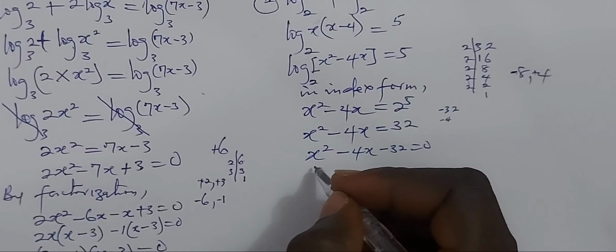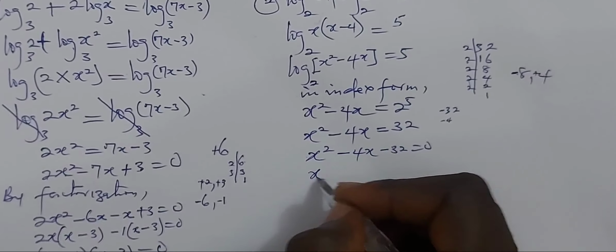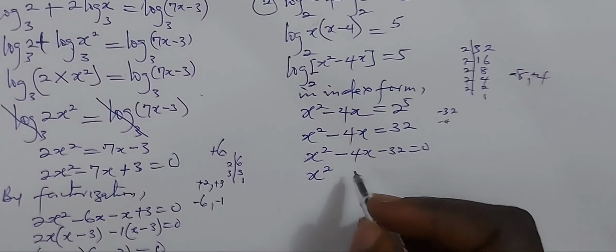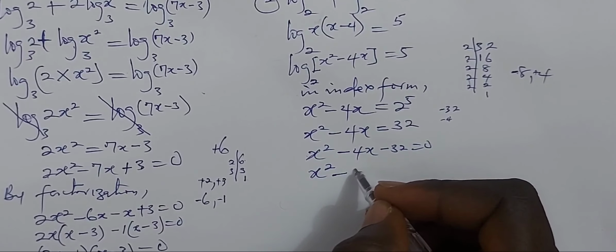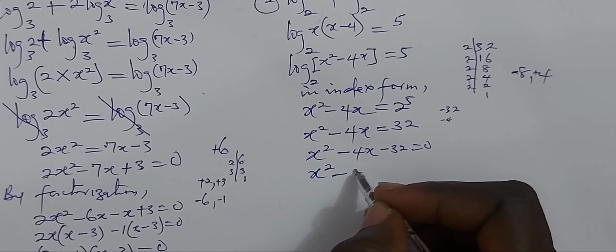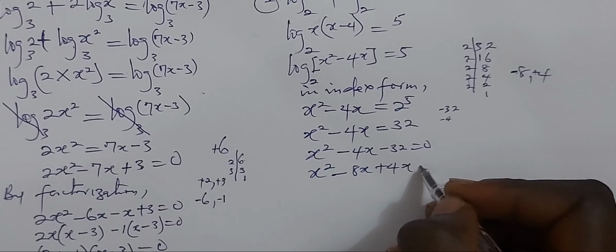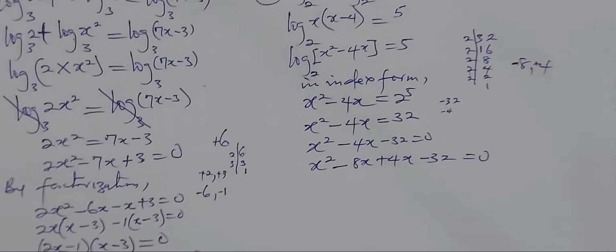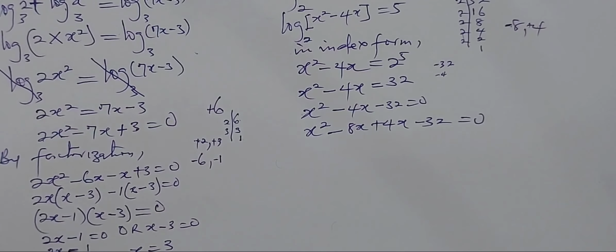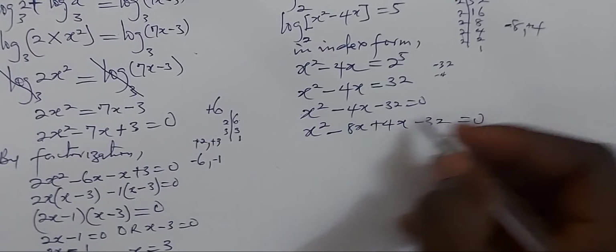So if I put it in our equation, in place of this minus 4x, I have x squared minus 8x plus 4x minus 32 equals 0.